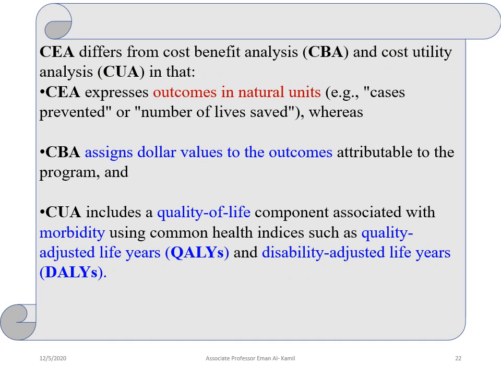The cost effectiveness analysis differs from benefit analysis and cost utility analysis in a way that cost effectiveness analysis expresses outcome in the natural unit. ما هو المردود الفعلي الطبيعي للeffect of the program. For example, cases prevented or number of lives saved.